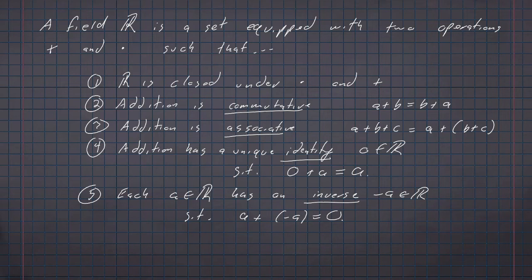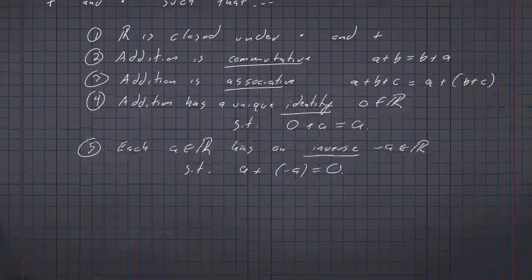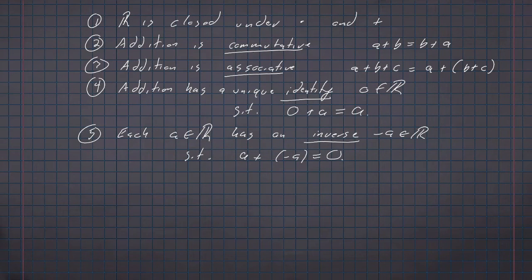Each element in the field has an inverse, which we write as the opposite of A, so that if you add A plus the opposite of A, you get 0.